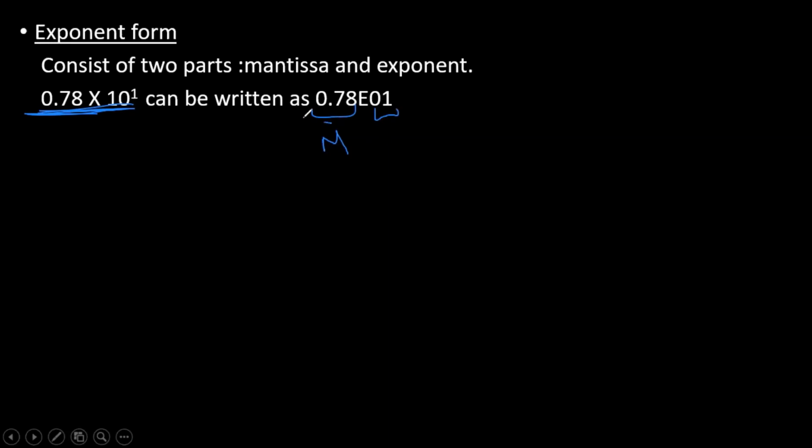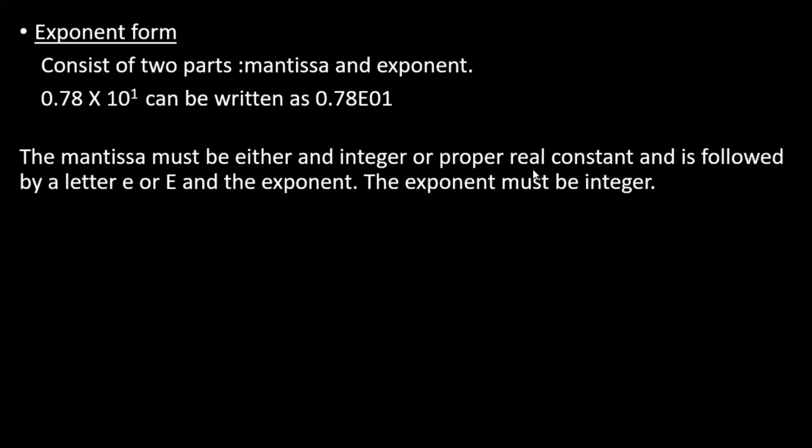So basically this is the number and then you write the power after it. The mantissa must be either an integer or a real constant, that is a decimal number, and it is followed by E, capital or small, and then the exponent.